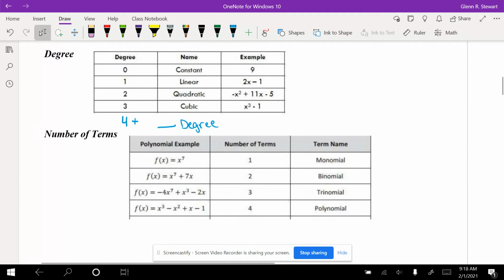We do the same thing with the number of terms. If we have 4 or more, we say polynomial of however many terms that is, blank terms. So if I had 5, then it'd be a polynomial of 5 terms, 4 is a polynomial of 4 terms, and so forth.